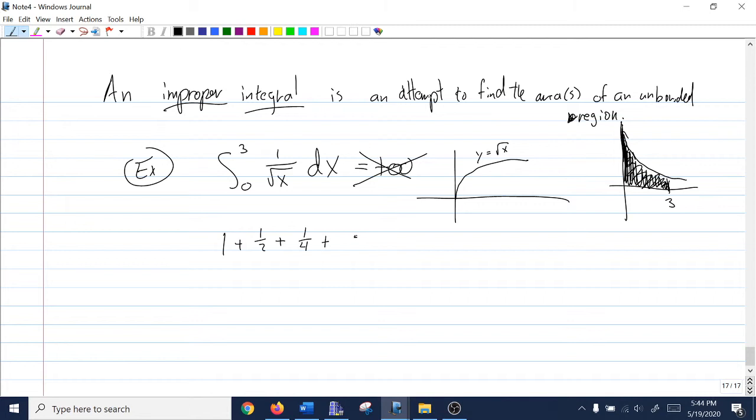1 plus 1/2 plus 1/4 plus 1/8. Or actually, we could do this even better. Here's a more straightforward one. What is 0.3 plus 0.03 plus 0.003 plus 0.0003 plus... Here's infinitely many things.